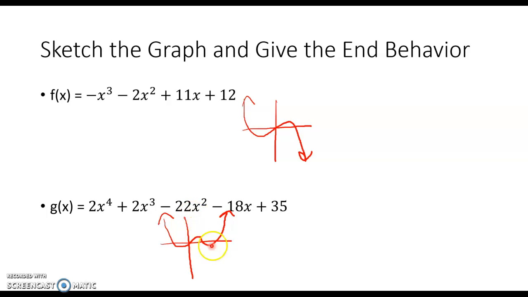And if you look at this, it looks a lot like a quadratic, with the exception of this little hump right here. The higher the degree that you go, the more extrema you get. But basically, your even functions are going to open either up, or if you put the negative out in front, open down.